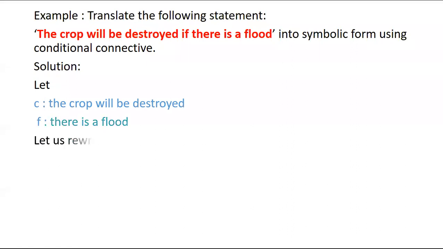Then write this into a symbolic form. First of all, rewrite this. If P then Q: if there is a flood, then the crop will be destroyed. Can I write like that?